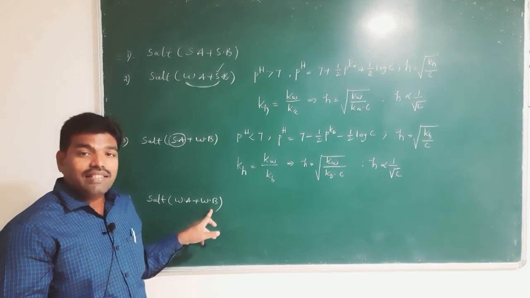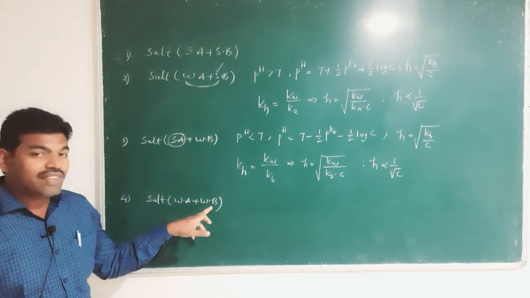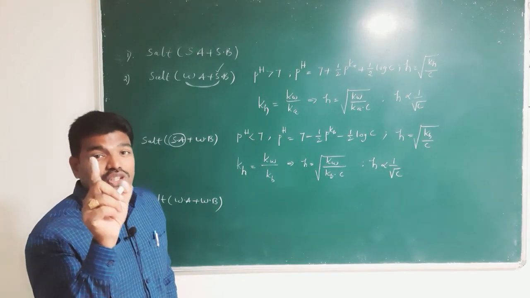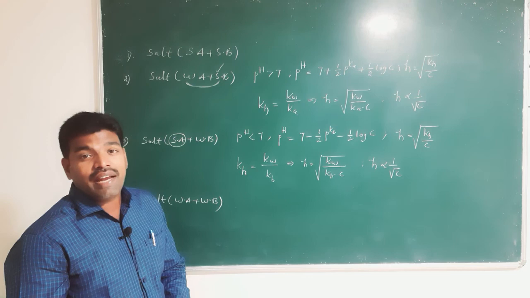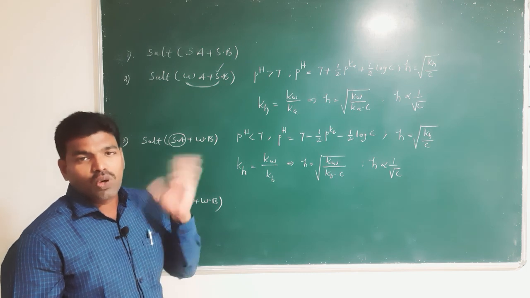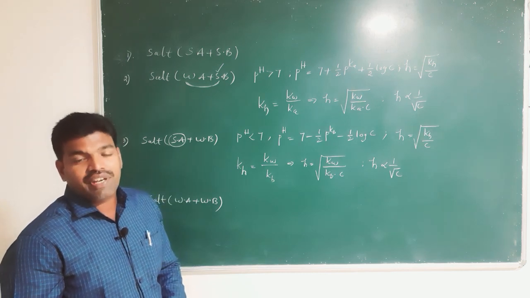The nature of the resulting solution depends on Ka and Kb, acid dissociation constant and base dissociation constant. Already I told you in lecture 24.